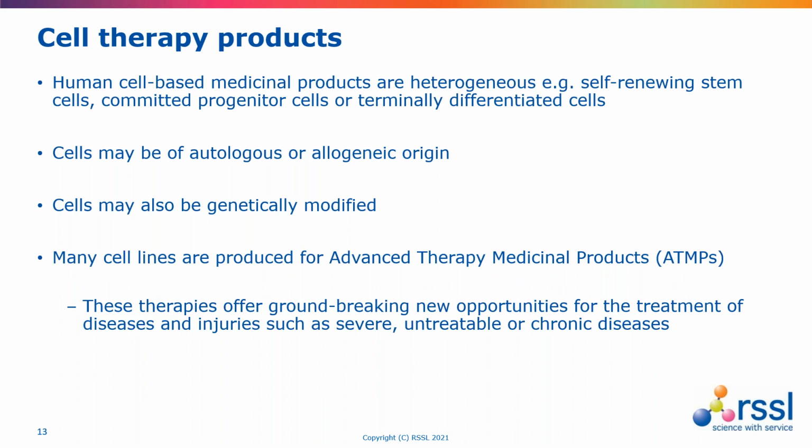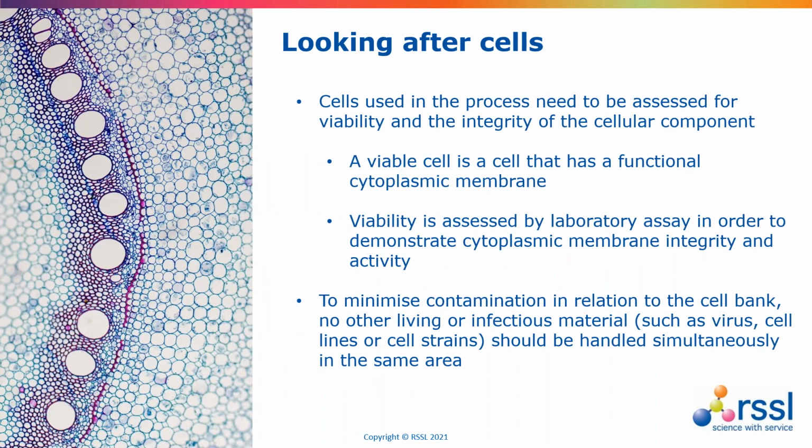And it's also important in general to ensure that we are looking after our cell lines anyway. So we need to ensure that cells used in the process have been assessed for viability and integrity, that any possible changes in cellular nature that might influence the intended function are detected and tracked, and that we're assessing viability through laboratory assays, and we're able to demonstrate that the cytoplasmic membrane integrity and activity are suitable.